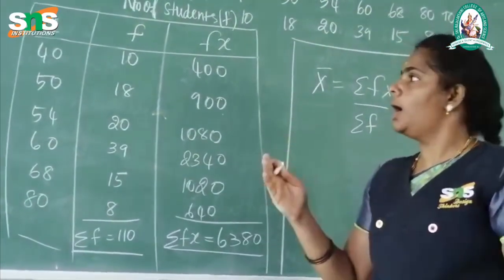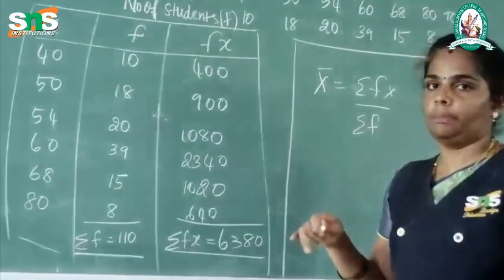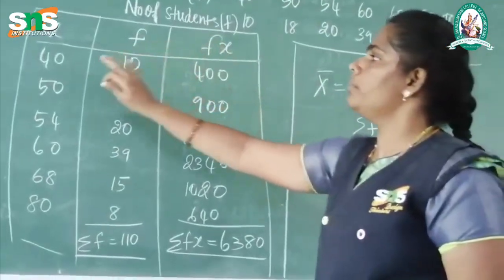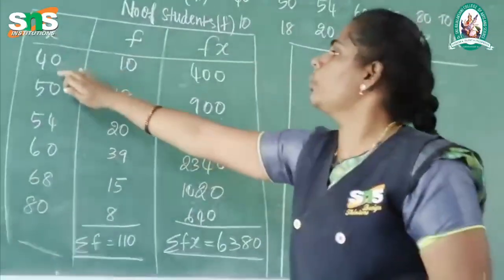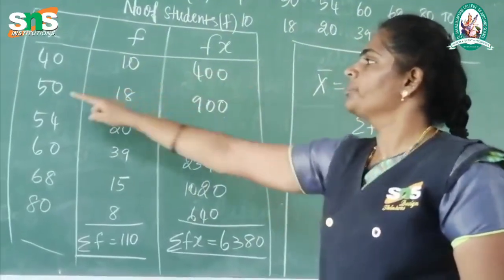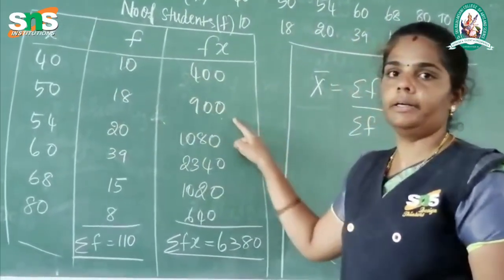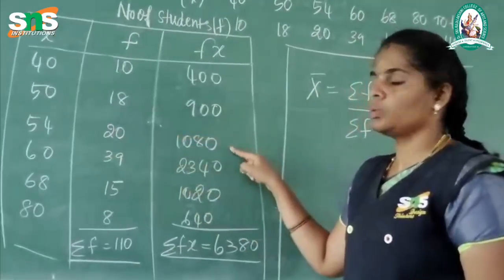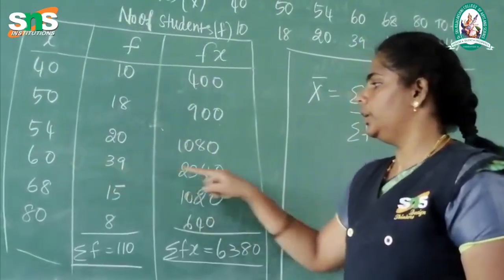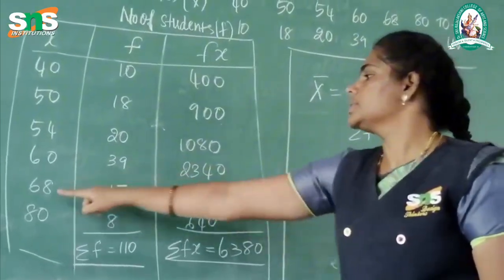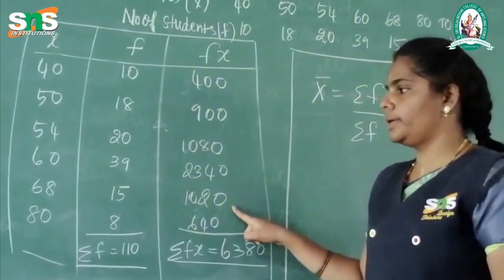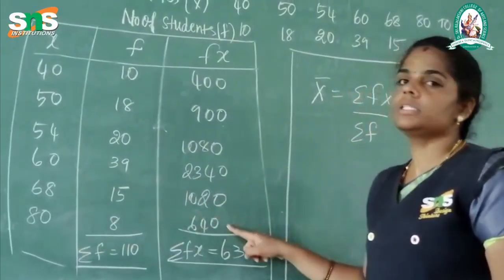Fx means the marks and the number of students have to be multiplied. So fx is calculated by multiplying x and f. 40 into 10 is 400, 50 into 18 is 900, 54 into 20 is 1080, 60 into 39 is 2340, 68 into 15 is 1020 and 80 into 8 is 640.